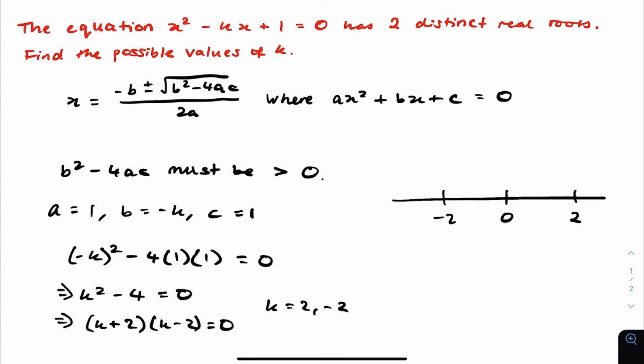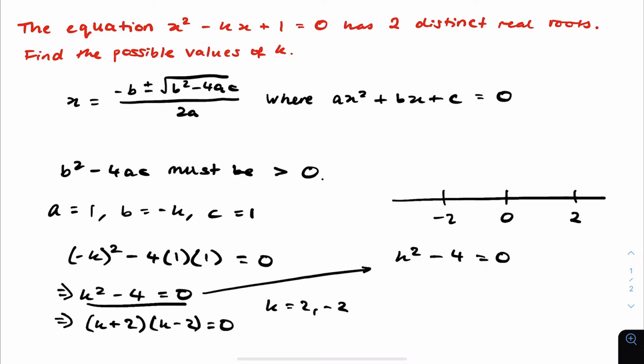We're going to write whether or not b squared minus 4ac is positive or negative in these regions. If we pick 0 as our first value, since that's in between negative 2 and 2, it will determine whether or not greater than negative 2 and less than 2 is a possible domain for our solutions. So substituting 0 in as k, we can use this equation: k squared minus 4.